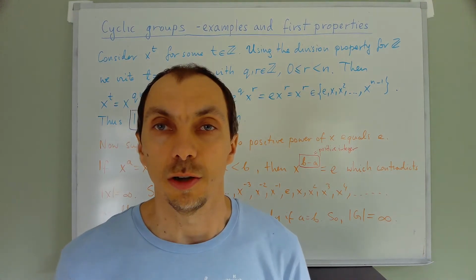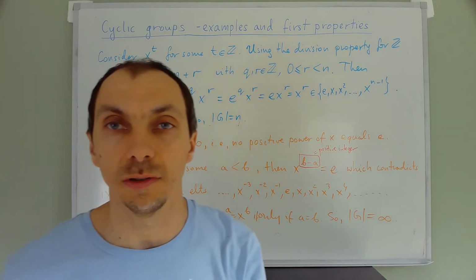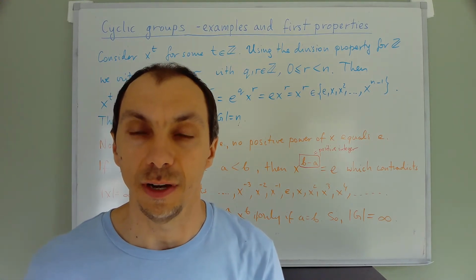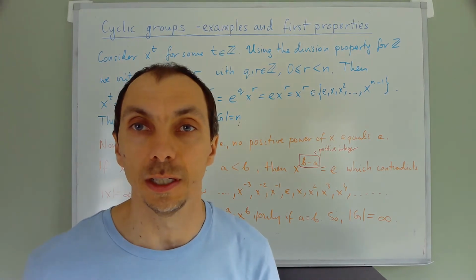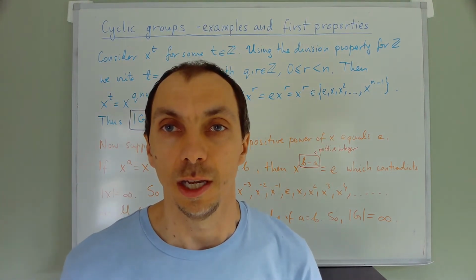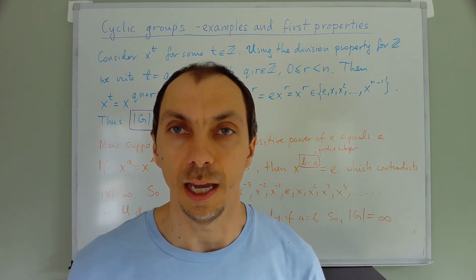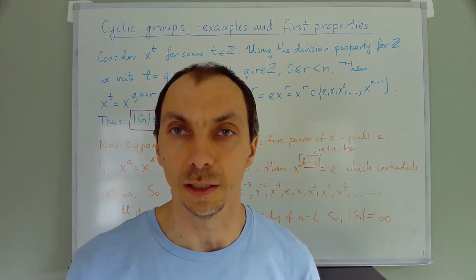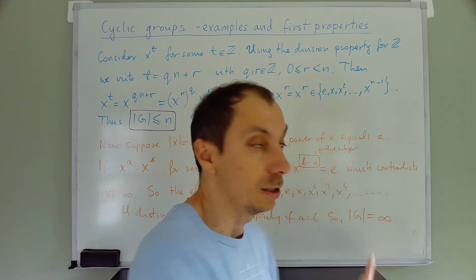All right. So when G has a generator whose order is finite, then G is finite. If G has a generator whose order is infinite, then G is infinite. So now I also know the converse of these. If G is a finite cyclic group, then it must have a generator whose order is finite, because if it had a generator whose order is infinite, then G would be infinite.